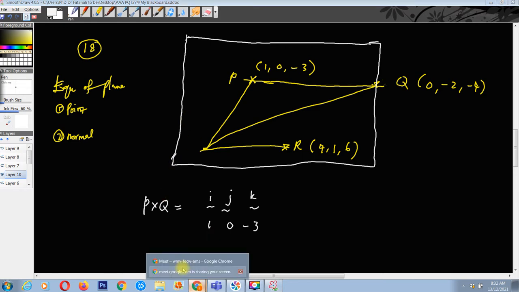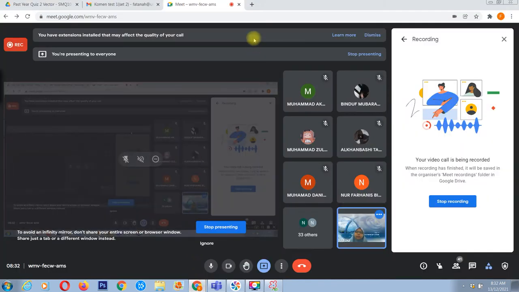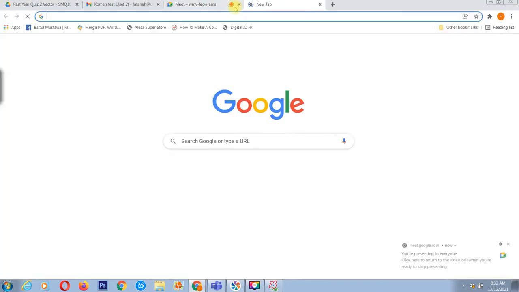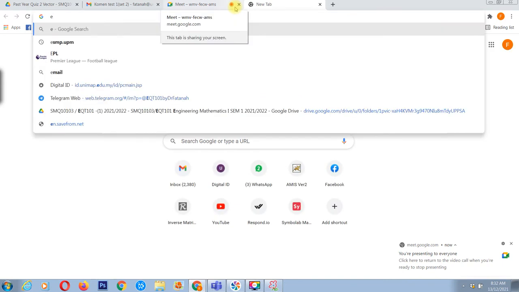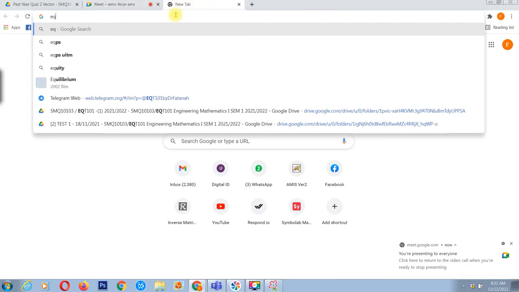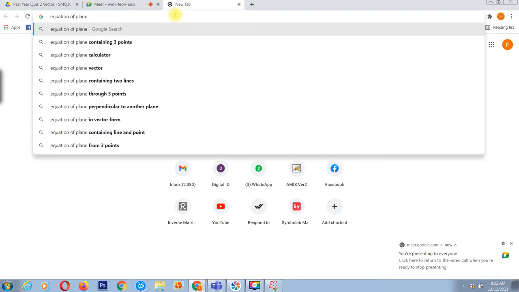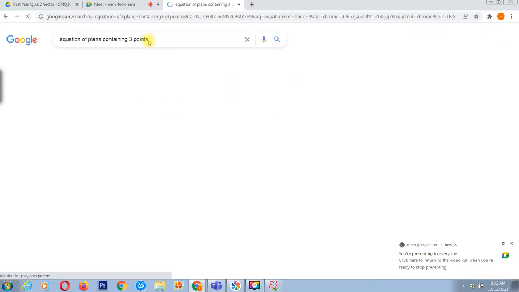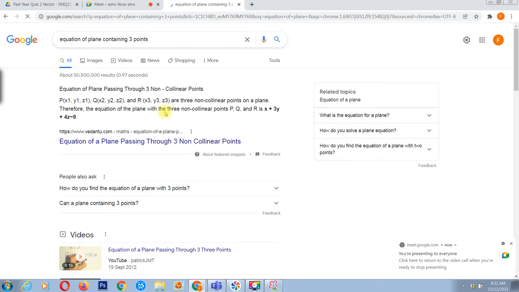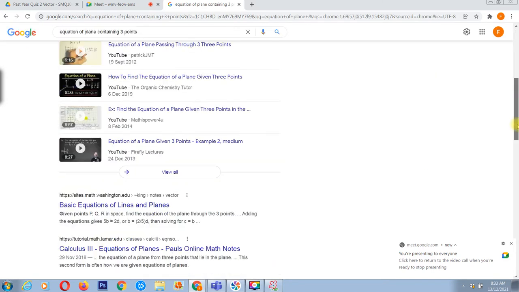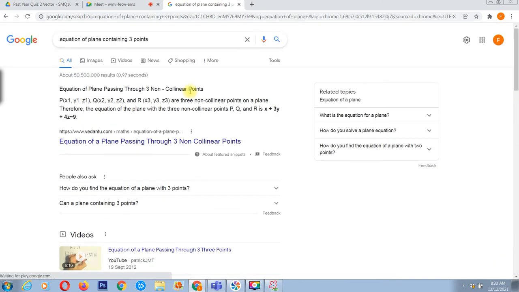Equation of plane, oh, sensitive. Equation of plane with 3 points. If we have 3 points, how to conduct the equation of plane?